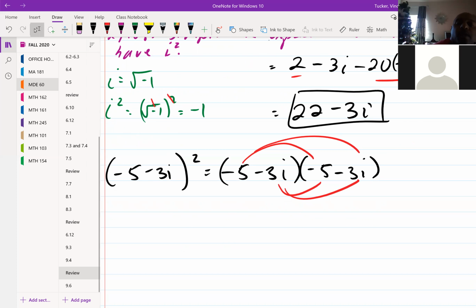Well, you can use that in this scenario, but remember, you don't have to use it. That's why I don't focus on it a lot. I didn't mention it because it adds another element that people feel like they have to hold on to or remember, when you really don't. All you have to do is just multiply your stuff out.